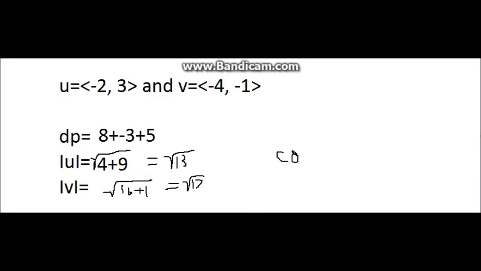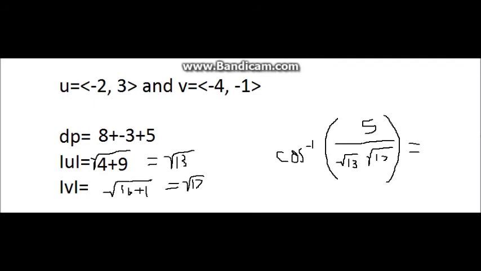And then we plug it all in, and we've got inverse cosine of 5 over the square root of 13 times the square root of 17. And actually what you should really do is, since you have the square root of 13 times the square root of 17, you can combine those and put them under one radical symbol.